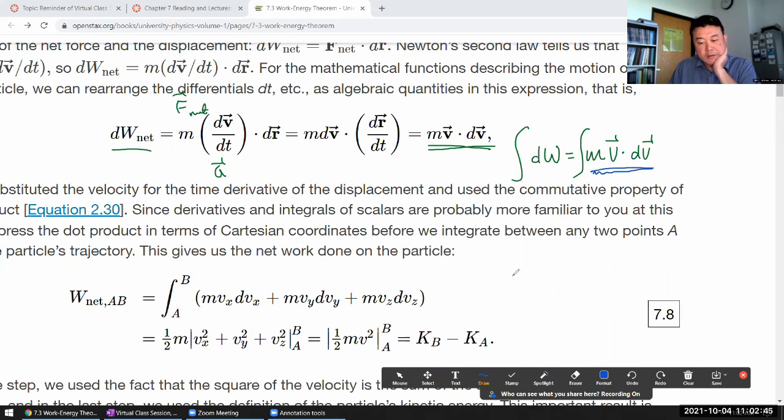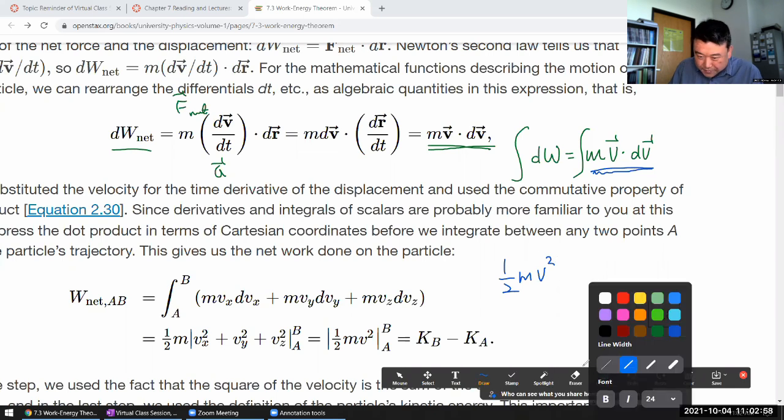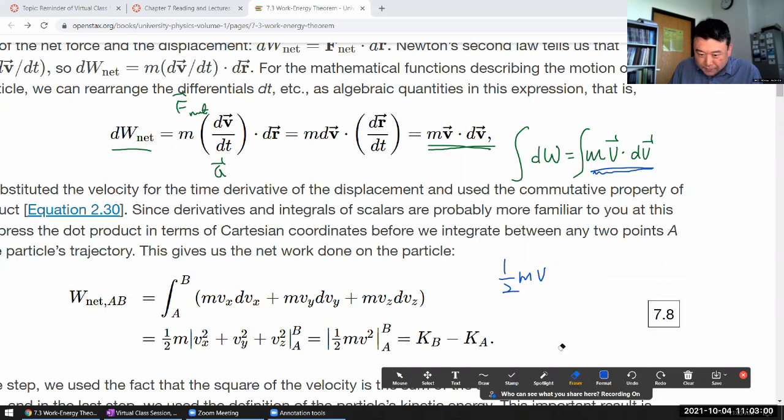So if I have 1/2 m v squared, where v squared means v dot v, actually, I think I can even do this. While I'm abusing my notations, let me be even more thorough in that abuse. So let's say this is my guess for the antiderivative of that.